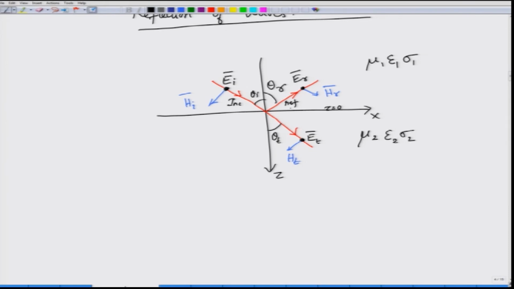There is also a plane of transmittance which is equal to the plane of incidence, because the K vector making an angle theta t will still lie in the same plane of incidence. In fact, you can see that all these planes are equal, that is, the plane of incidence is equal to the plane of reflection and the plane of transmission. All these three are the same planes.